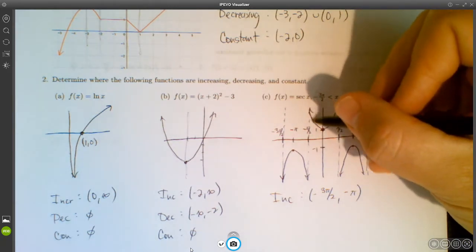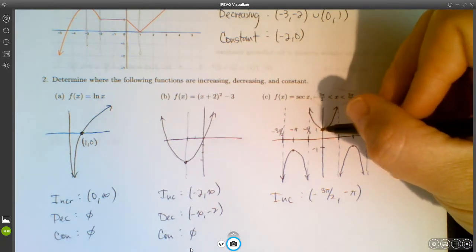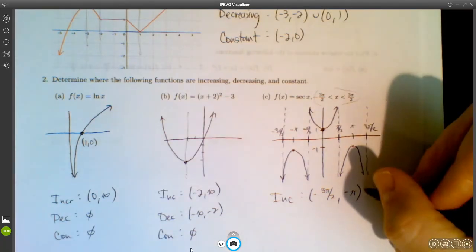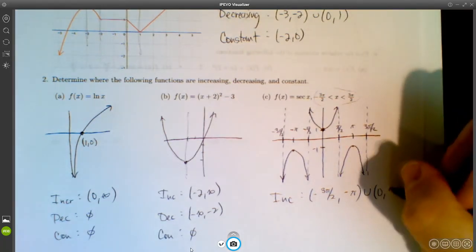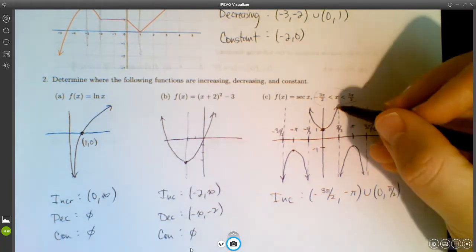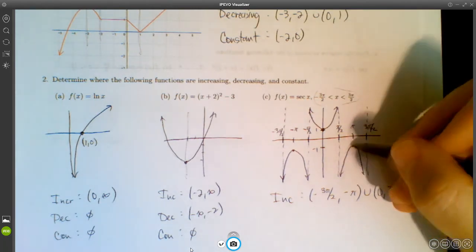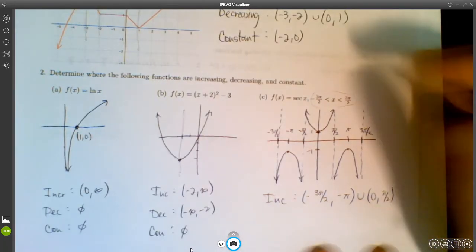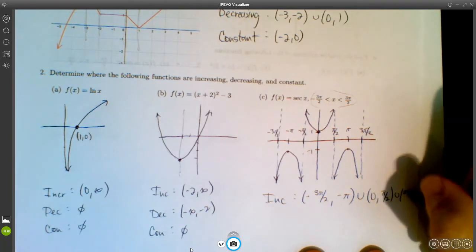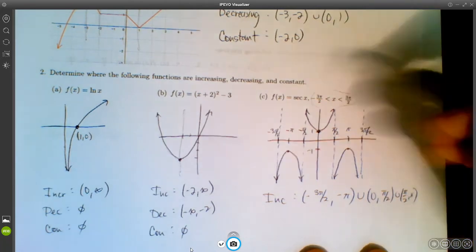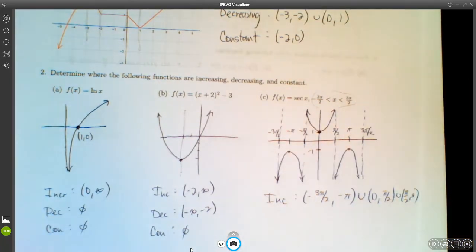And then it's still decreasing up here, but then it starts to increase from 0 to pi over 2. Okay? And then it's still increasing from pi over 2 to pi. And then starts to decrease again. Okay, so that's where it's increasing.